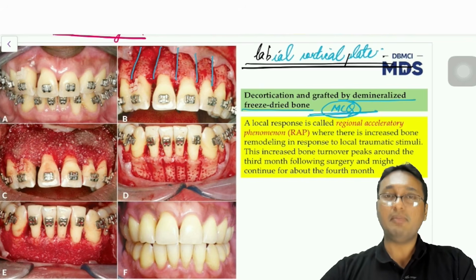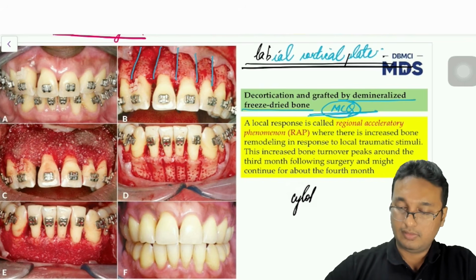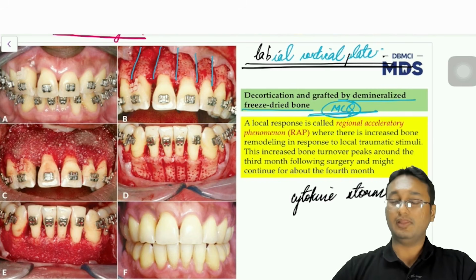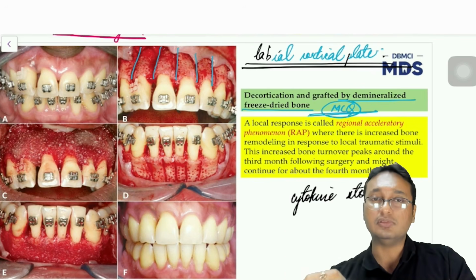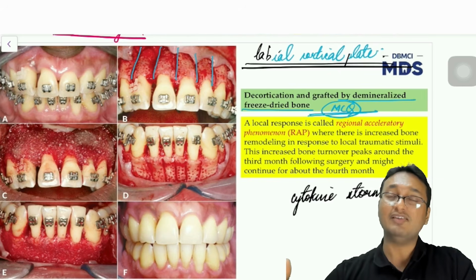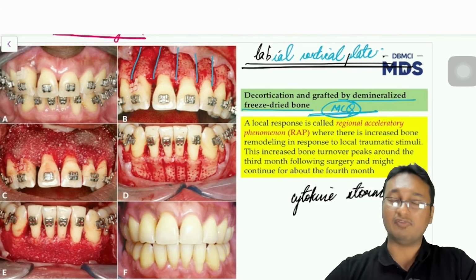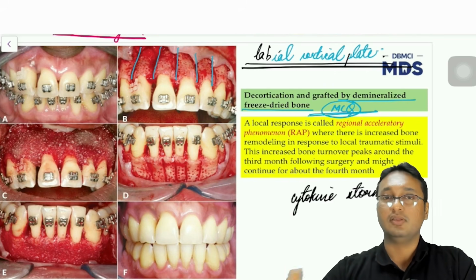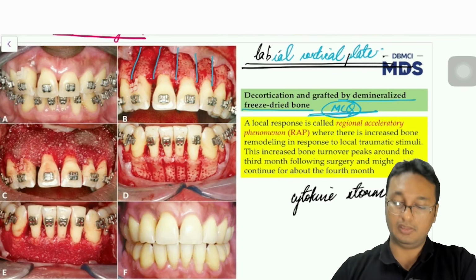So those inflammatory mediators, that's also called cytokine storm. The influx of this cytokine storm leads to bone remodeling, bone turnover at a very high rate, right? So whenever the bone is getting remodeled at a very rapid rate, so does the tooth movement. This phenomenon is known as regional acceleratory phenomenon, RAP.